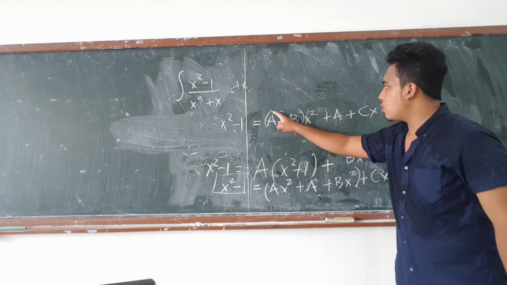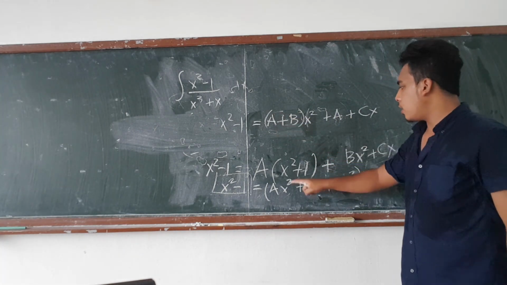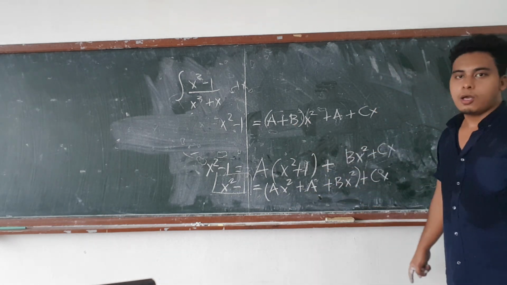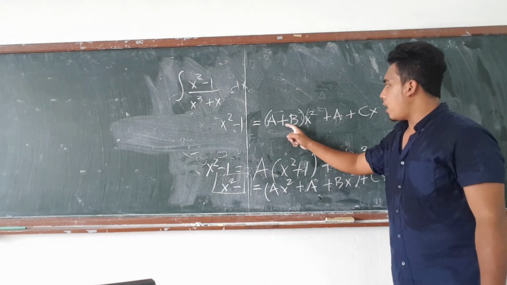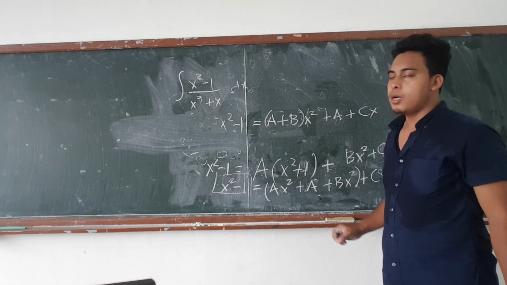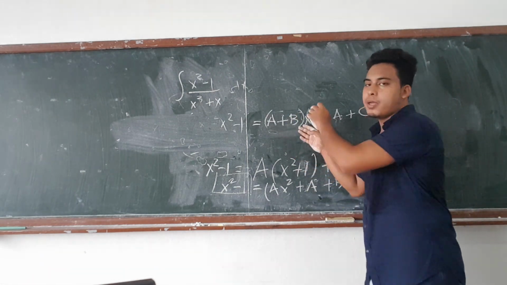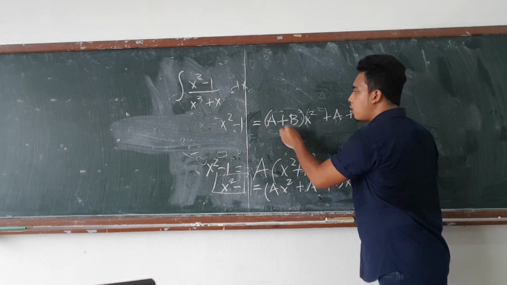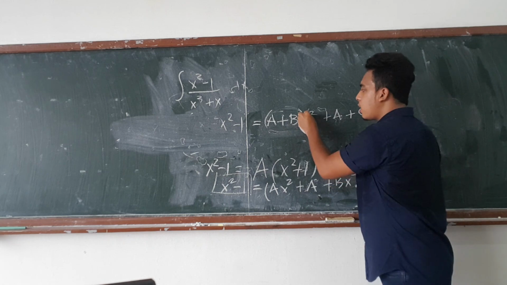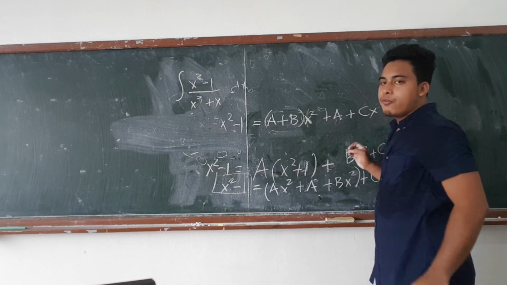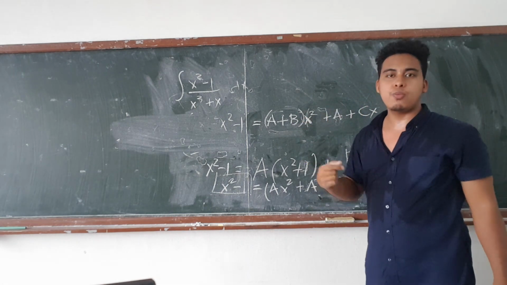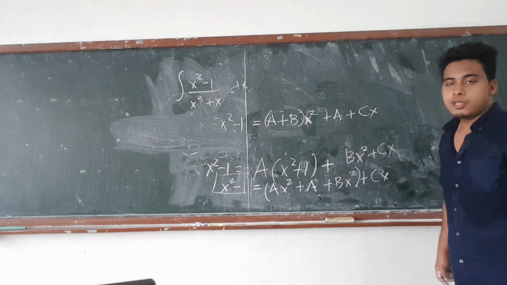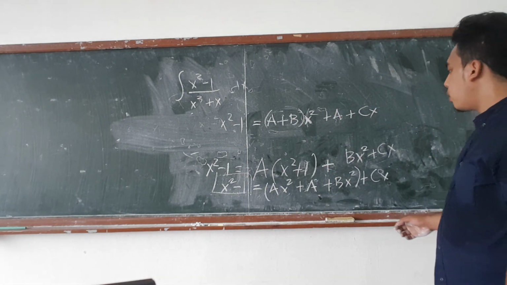If you distribute, ax squared is ax squared, b times x squared is bx squared. Meaning, this a and b are constants, so if we combine these two constants, that is the numerical coefficient of x squared, the numerical coefficient of our quadratic term.